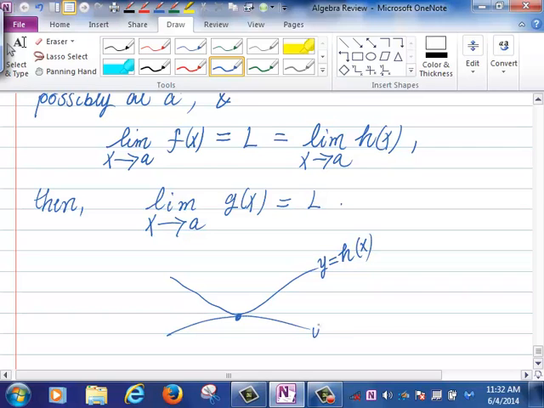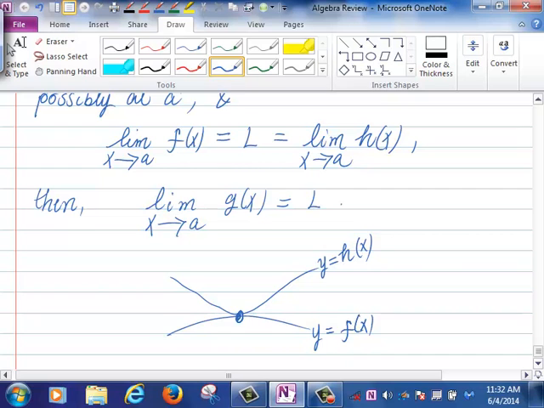We don't know what's happening exactly at a. Maybe at a the functions are not defined, or maybe they are defined at different points. But the graph of h and f, because h and f have the same limit at a, right?